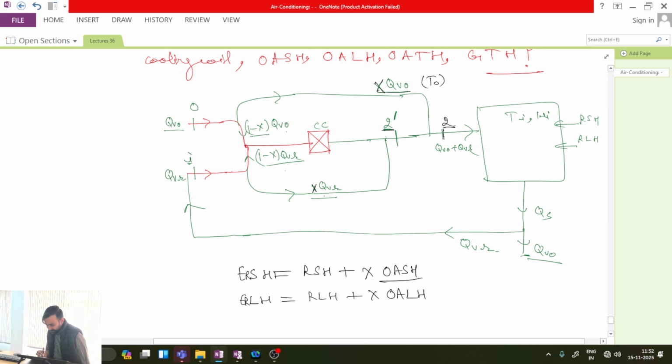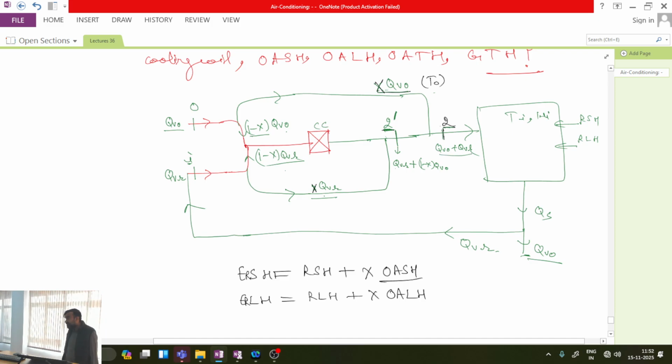So at state 2 dash the flow is QVR plus 1 minus x into QV naught. So QVR plus 1 minus x into QV naught is coming at state 2 dash and x into QV naught is coming at state T naught. That is mixing to form the entire volume at state 2.